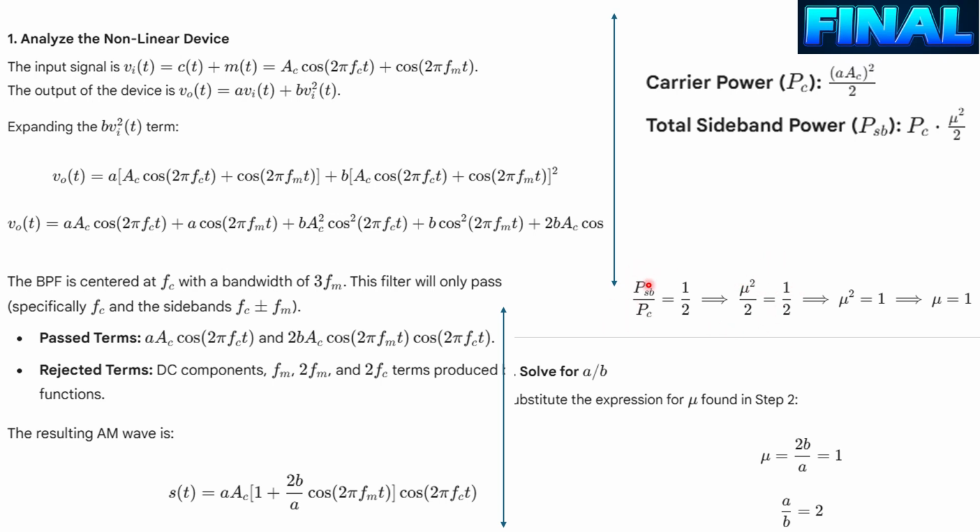We can replace this in the question itself: it is given that mu squared by 2 is equal to 1 by 2. So you will get mu equal to 1. Now substitute: mu is equal to twice b by a, so a by b is equal to 1, right?